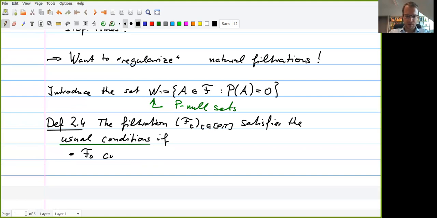This means we just want to ensure that F_0 contains all P null sets.